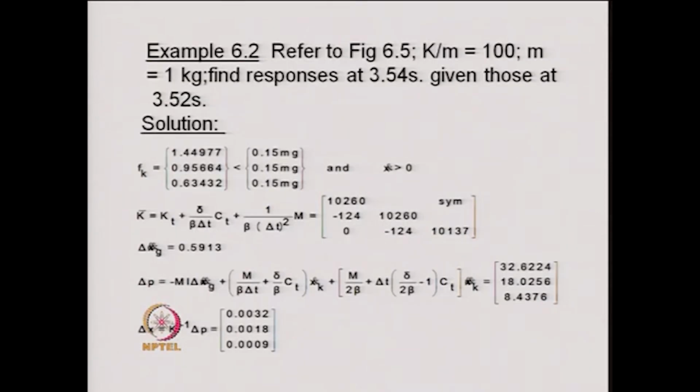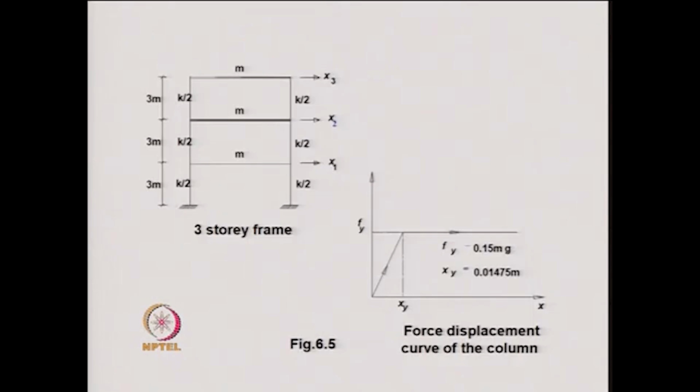Now, we explain how we go ahead for the problem shown in figure 6.5. This is the problem that we are trying to solve. It is a 3-story frame having a stiffness of k by 2 for each column, Fy is the yield shear for the column, and Xy is the yield displacement.